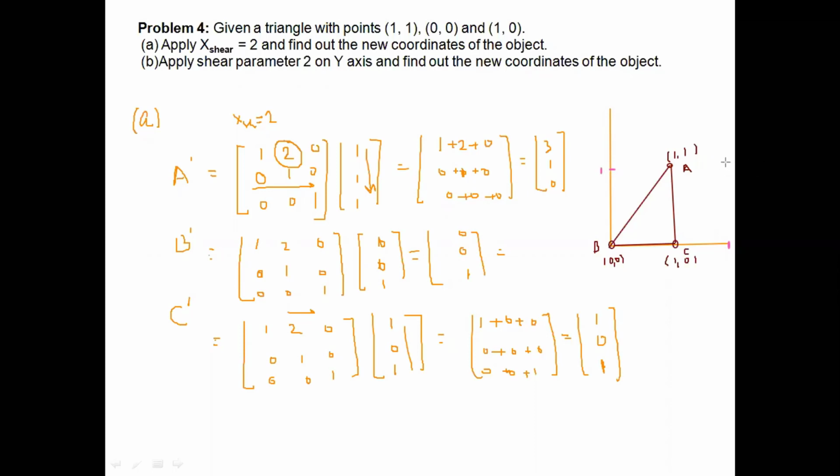So 3 1 is this, and then we have 0 0 and 1 0. Okay, let's draw the triangle.